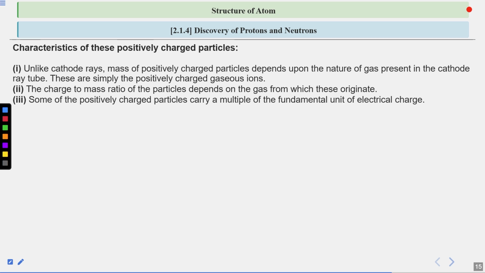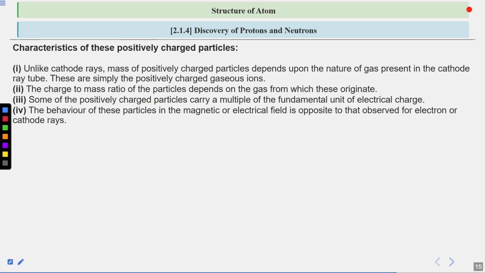Now, some of the positively charged particles carry a multiple of the fundamental unit of electrical charge. Why is it carrying multiple charges? Because from the same gaseous atom, we have removed multiple electrons. So if it has more than one unit of positive charge, it has a multiple of the fundamental unit of charge.